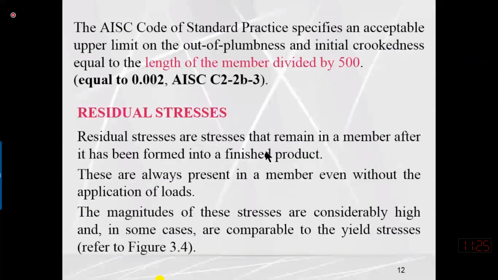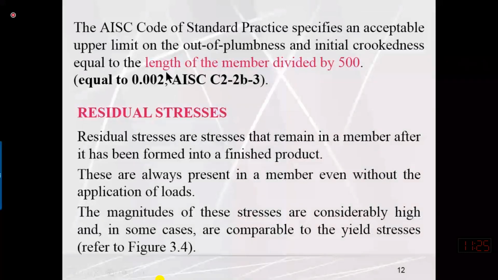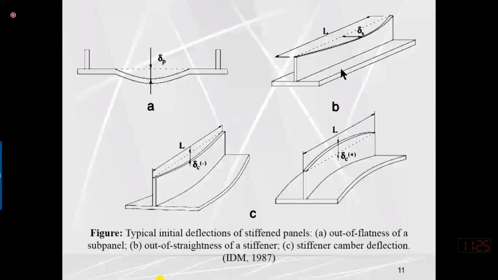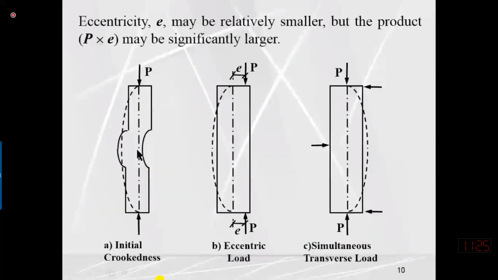AISC says that the maximum imperfection in a member should not be more than 0.002 of the length, or the length of the member divided by 500. This negative camber, the distance between the theoretical center line and the actual center line at the maximum point, the midpoint, should not be more than length divided by 500.